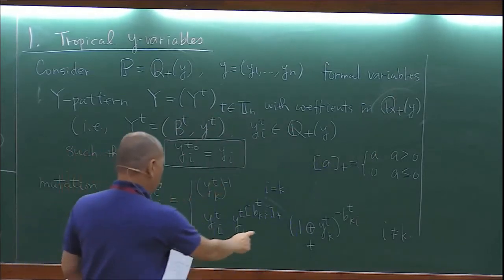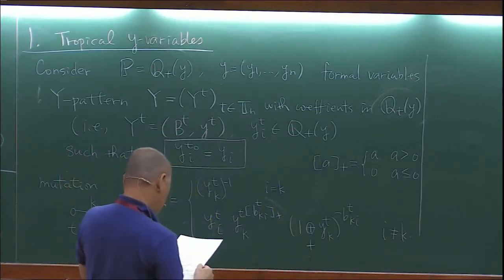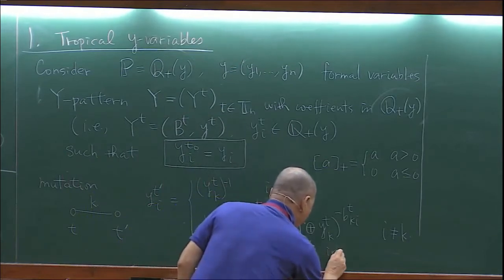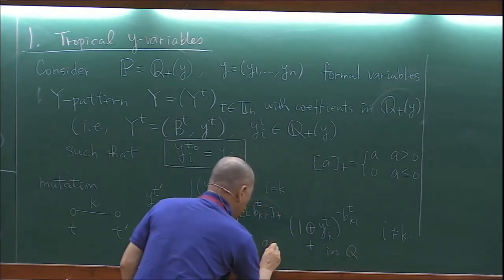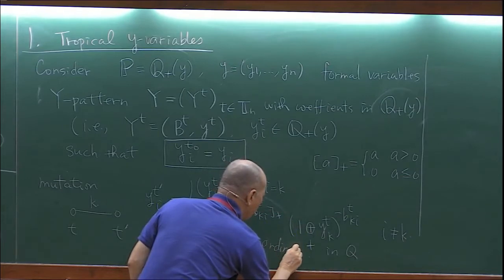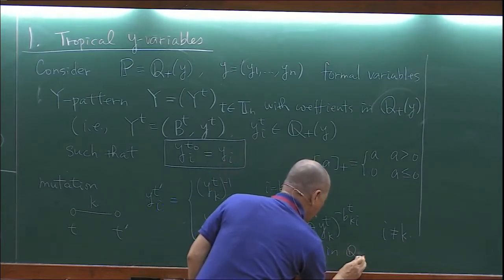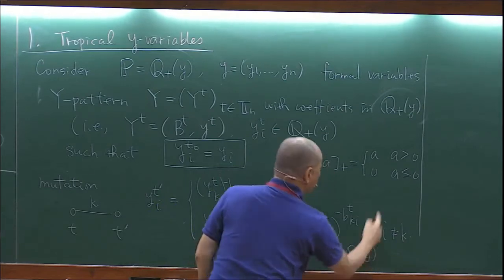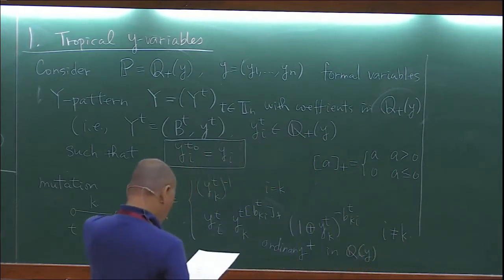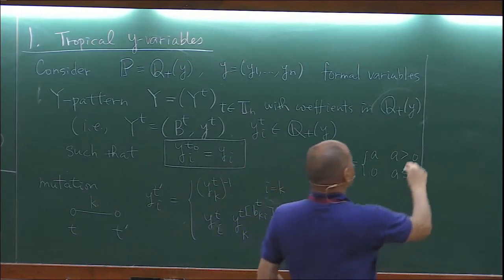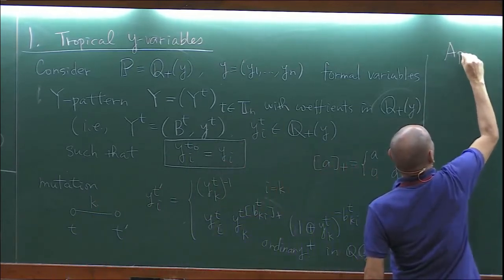So you just consider it as the ordinary operation, the ordinary plus in Q_+(y), which is a subset of this one. Okay, now we apply the tropicalization map.